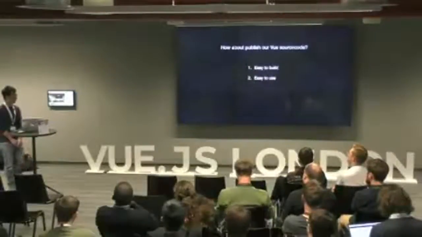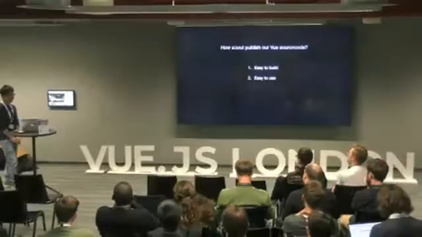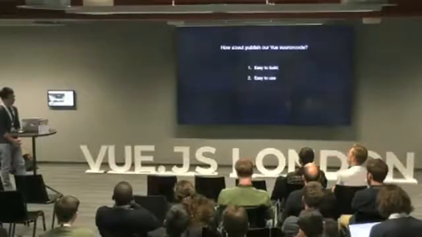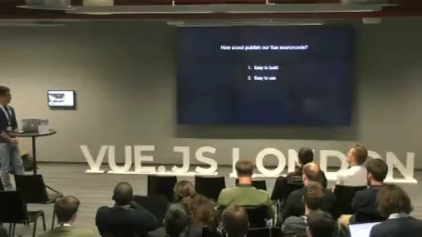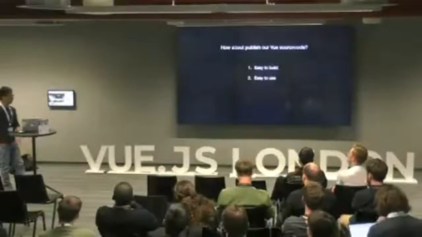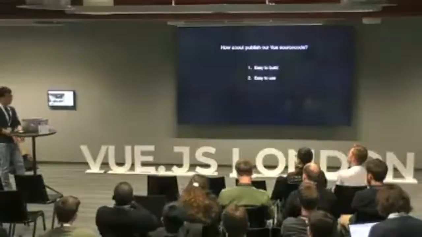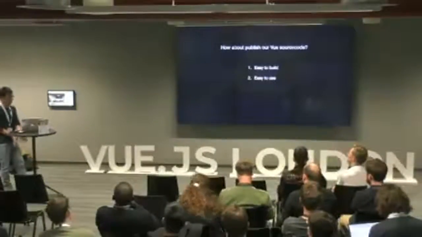So how about we just publish our Vue source code, instead of asking our developers to use the compiled version? The good thing is you will find it's very easy to build this component library, because all you provide to your developer is the source code. When they use your component, it's just like they wrote it in their own code base.